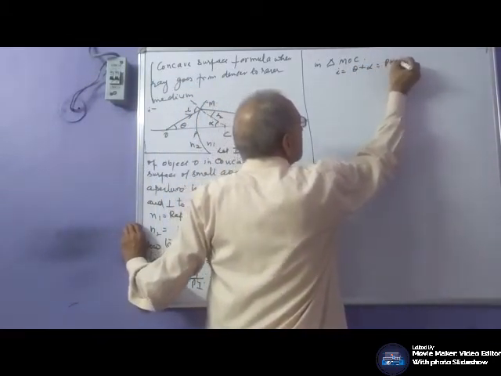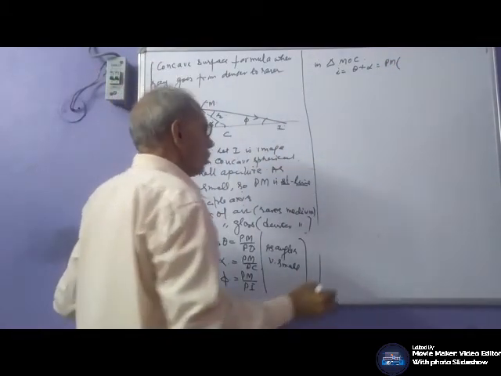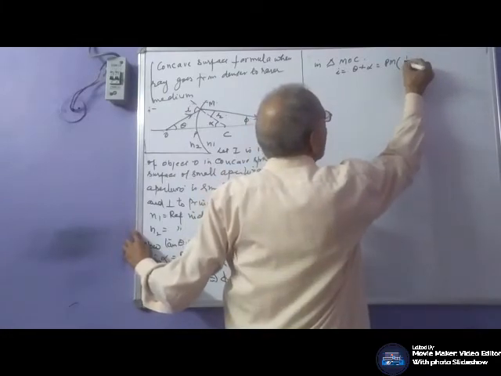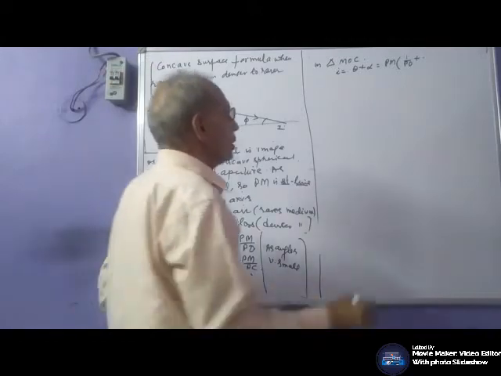Theta is PM common 1 by PO, alpha is 1 by PC.